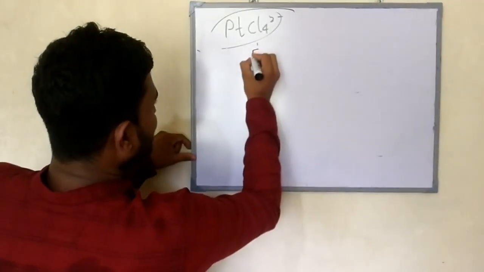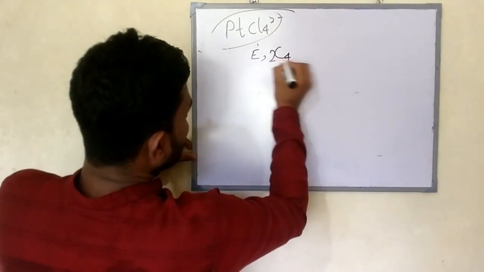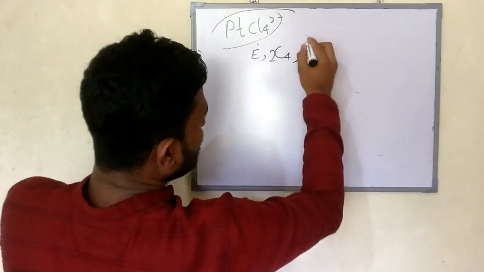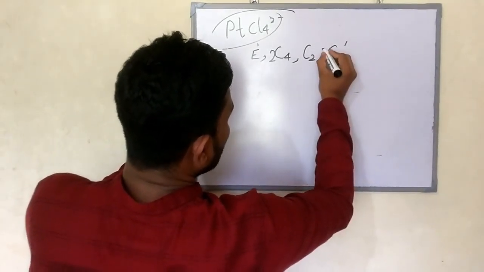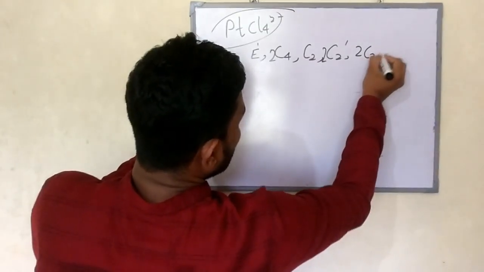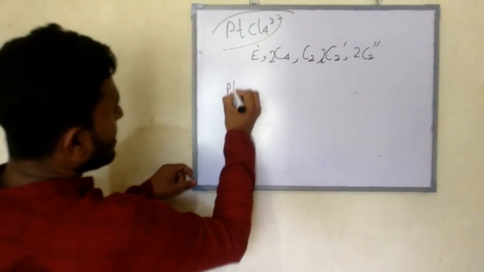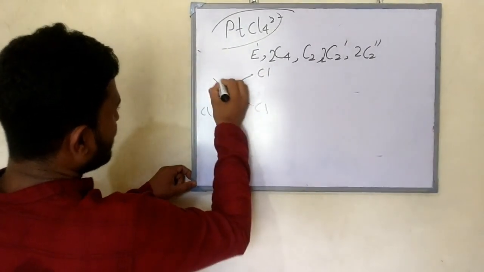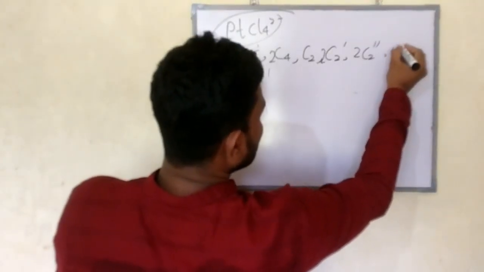So what are the symmetry elements up to now? E, 2C4, then C2 going through the middle, then 2C2 dash, then 2C2 double dash. And you know, inversion also possible. I already explained that one. I is also possible for this case.